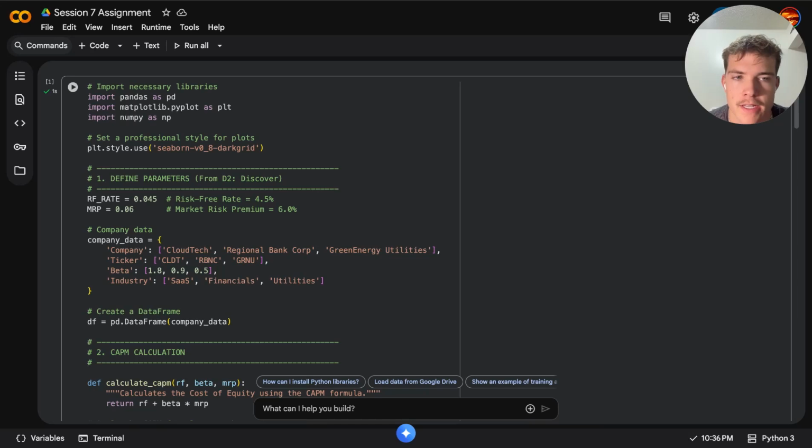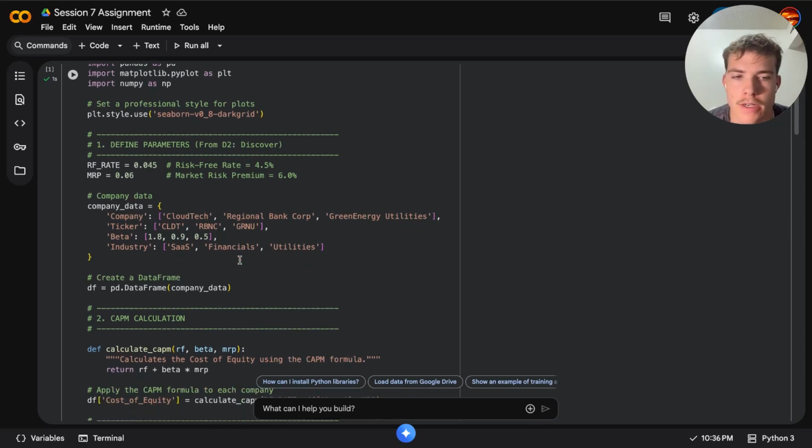And we've defined the market risk premium at 6%, which is the additional return investors demand on average to invest in the stock market, like the S&P 500, instead of risk-free assets. Finally, we've loaded our company-specific data into a data frame, and you can see the distinct profiles of Cloud Tech, Regional Bancorp, and Green Energy Utilities.